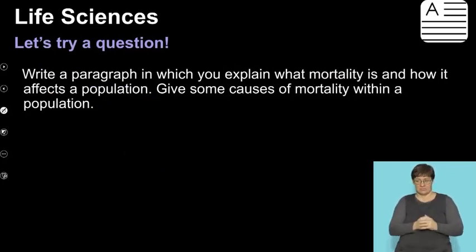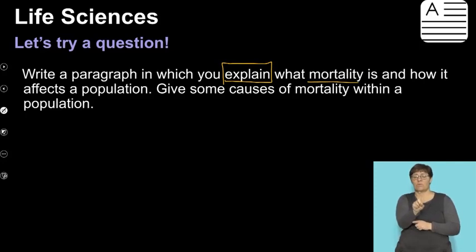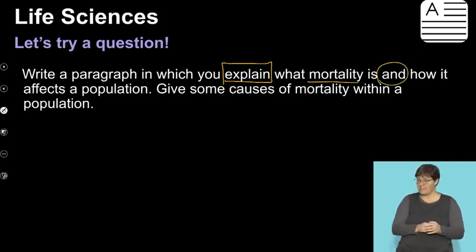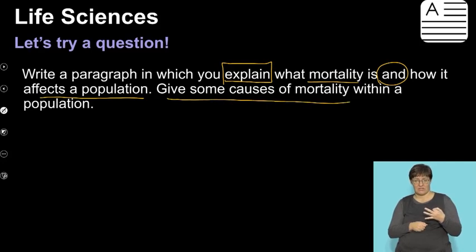Write a paragraph in which you explain what mortality is, and, so there's a second part to my paragraph, how it affects a population, and here's a third part, give some causes of mortality within a population.